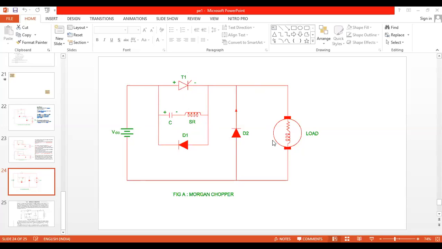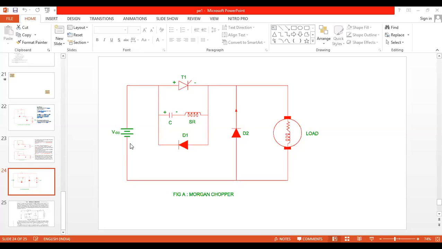Initially current was also flowing, but it was not under control. Now the motor accelerates and develops kinetic energy, rotating in the forward, clockwise direction.